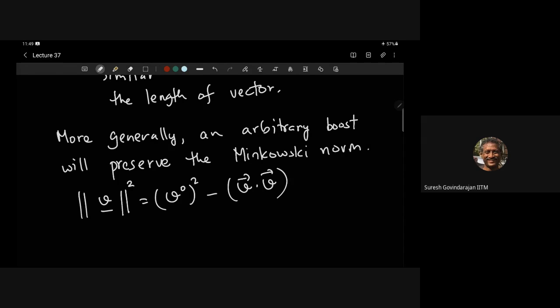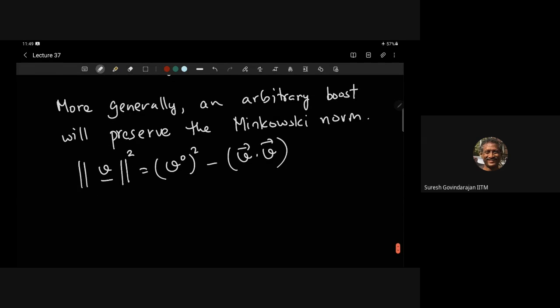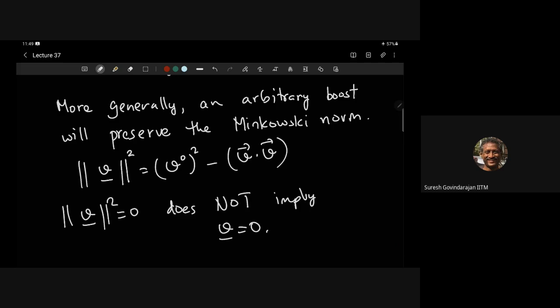Okay, this is weird in the sense that it does not imply V equal to 0. In Euclidean norm, which is the standard norm, if I made this plus, then we'll call that Euclidean norm. But this, we don't have that freedom. We get this funny norm. We have to live with this, right?